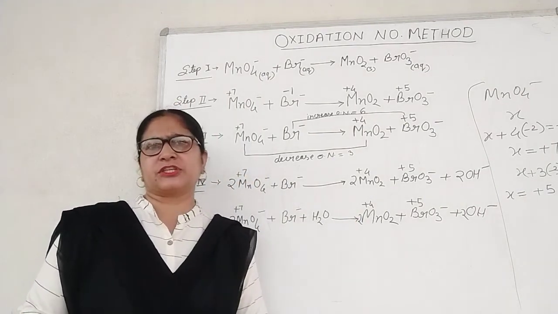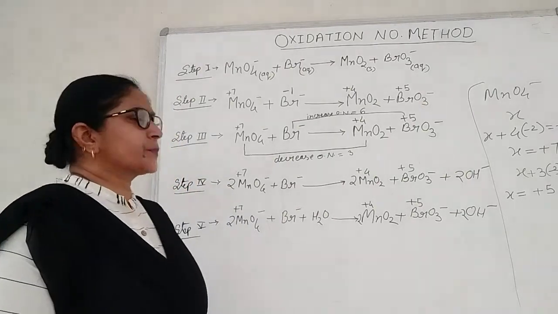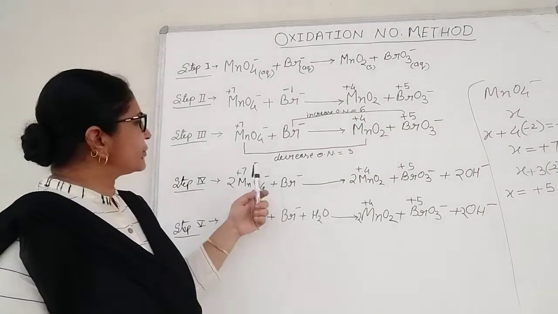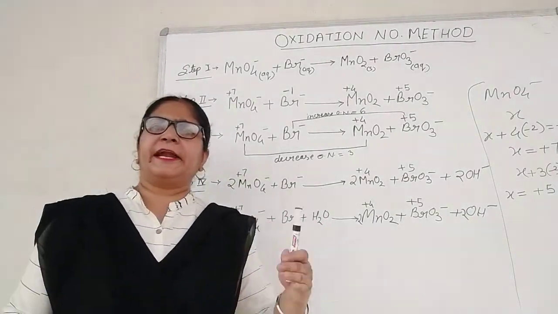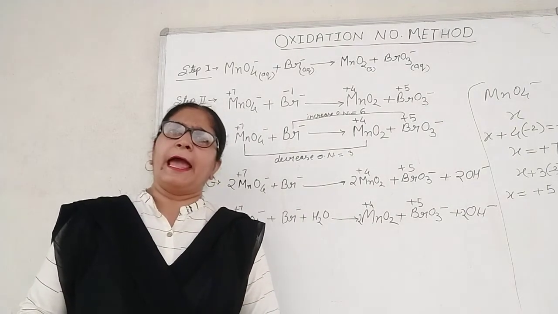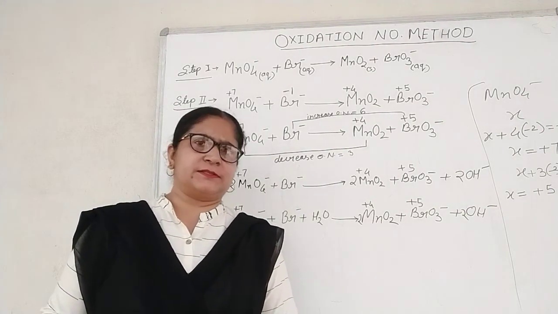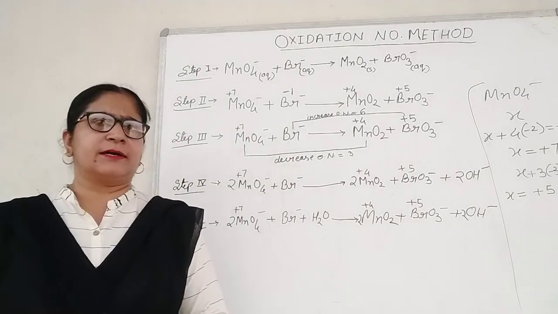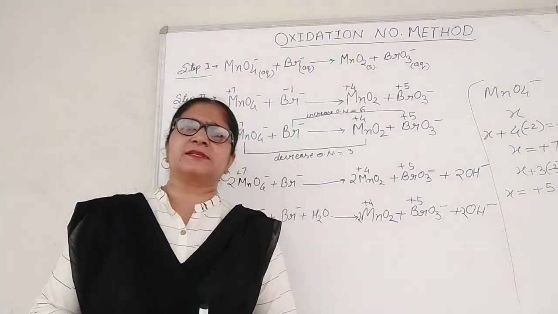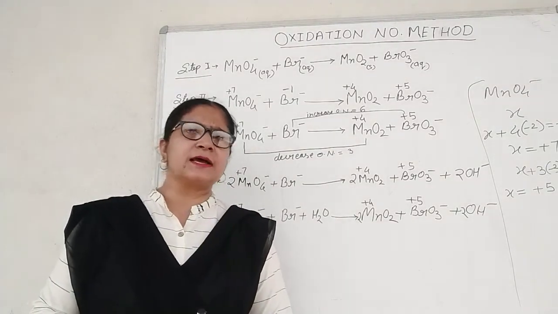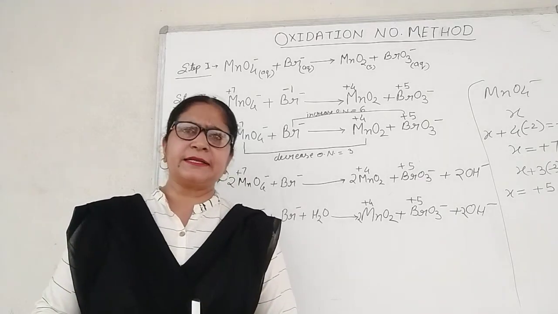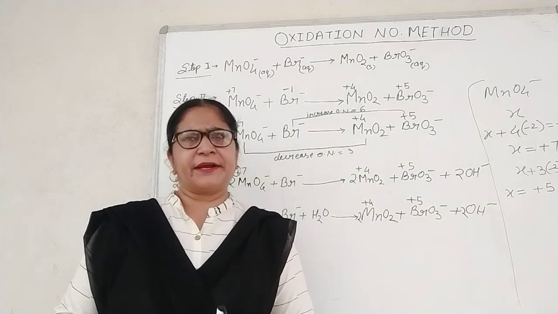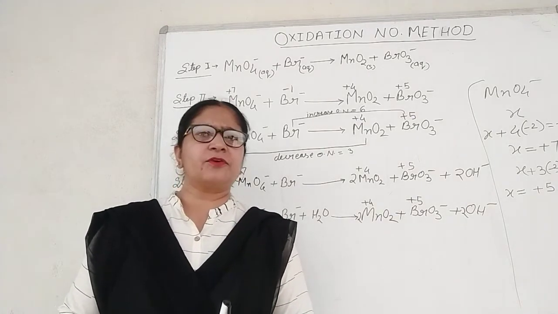Now let's come to the fourth step: identify the involvement of ions and balance the ionic charges. If the reaction takes place in water, then add H plus ion or OH minus ion on the appropriate side, so that the total ionic charge of reactants and products is equal.